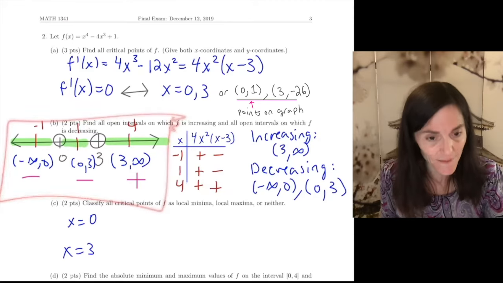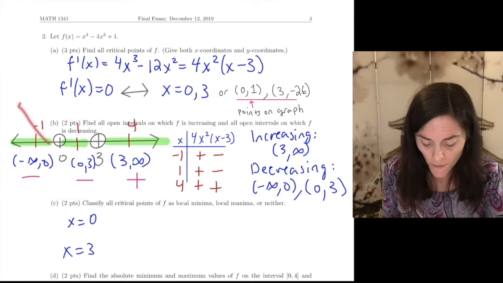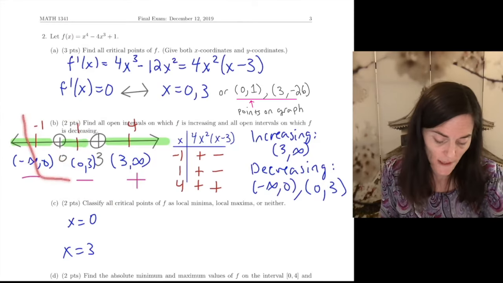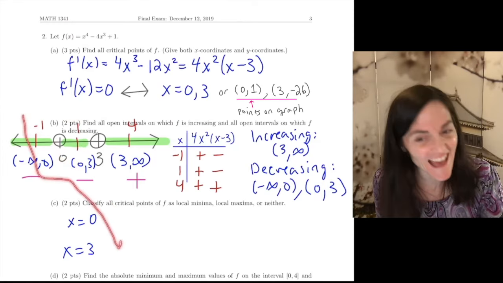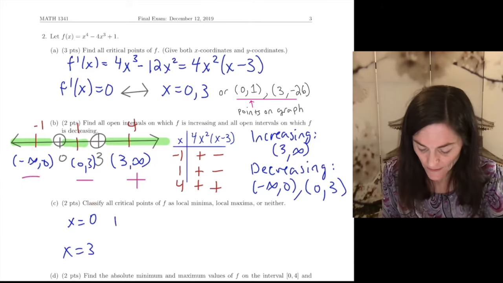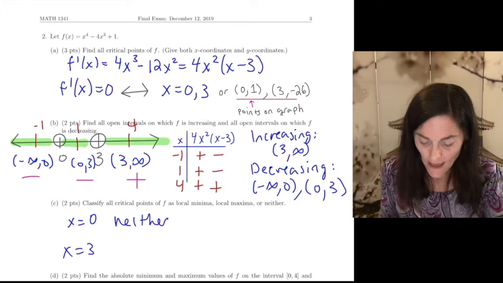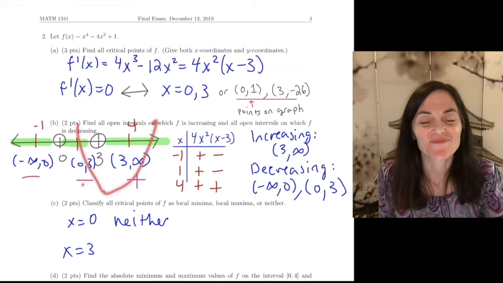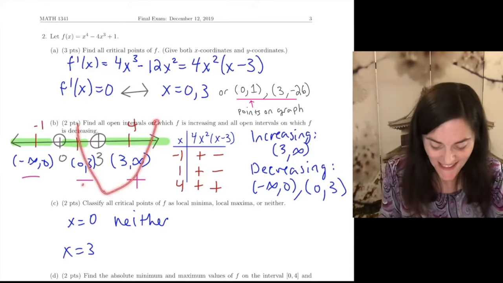So what do we have here? At 0, look, we are decreasing, decreasing, right? Okay, decreasing, you could put a horizontal tangent, but decreasing again. And so this is neither. And at x equals 3, well, we are decreasing and then increasing. At x equals 3, this is a local min.